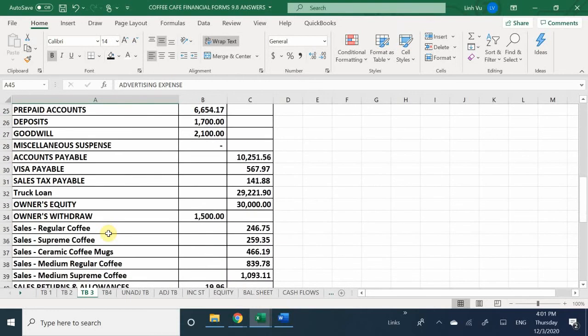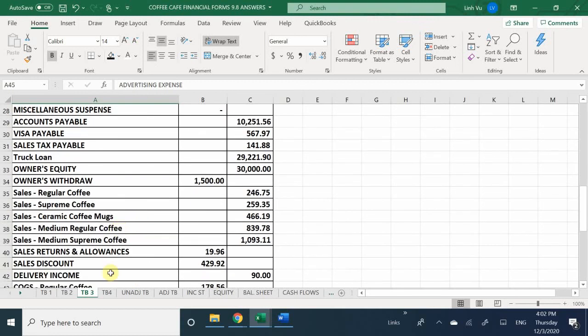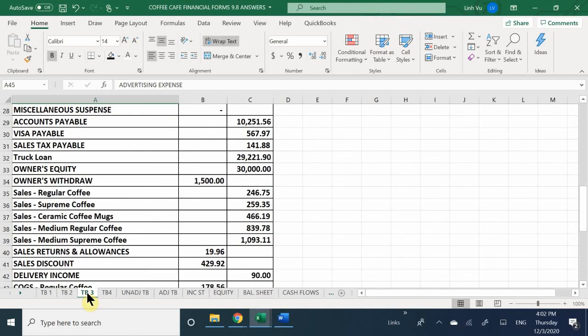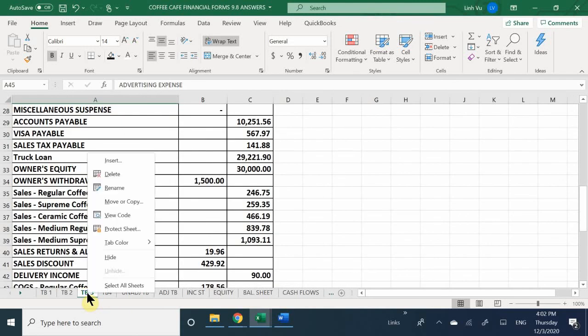So what I'm going to do is do the same thing for Michelle. You're just going to copy and paste for yours. But for Robin, since you are using Excel, I want you to take your trial balance 3 and make a copy of it, and that's going to be your trial balance 4.